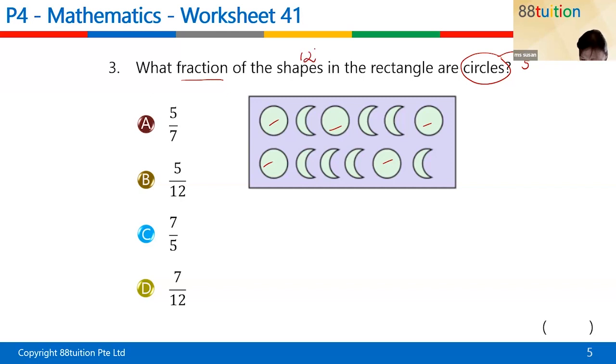So there are 12. So the fraction of shapes that are circles is 5 out of 12. Answer B for this.